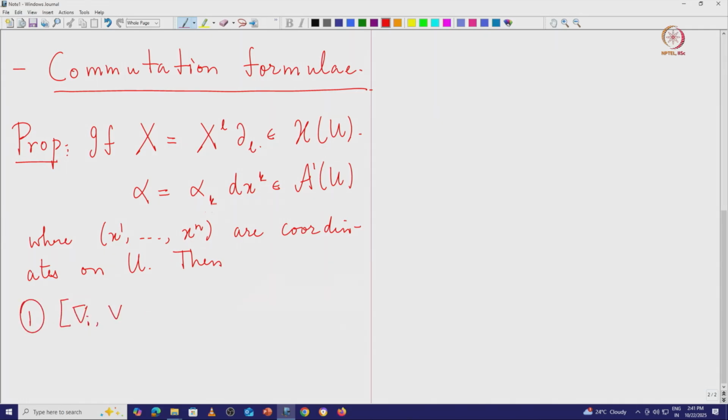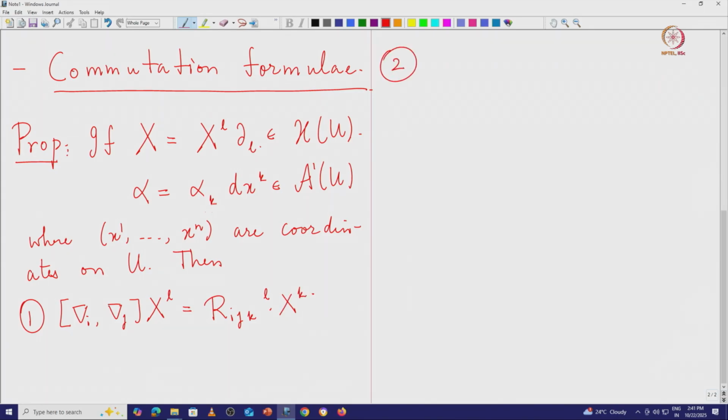So if you calculate the commutator of the covariant derivatives in the i and the j direction on X and look at its lth component, then this is simply going to be R_{ijk}^l times X^k.